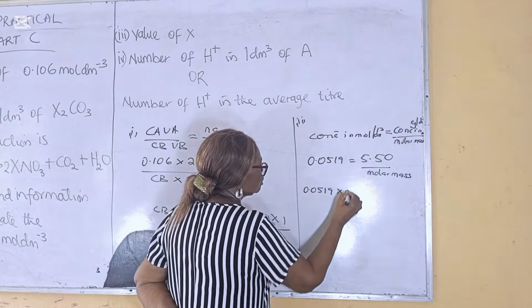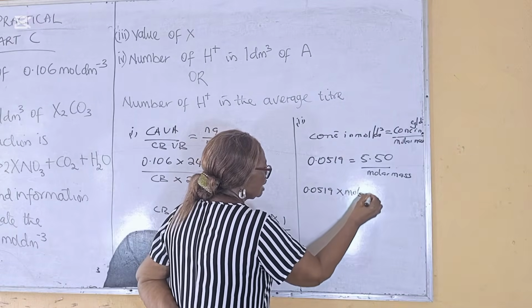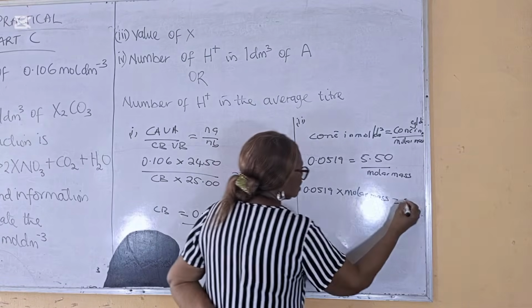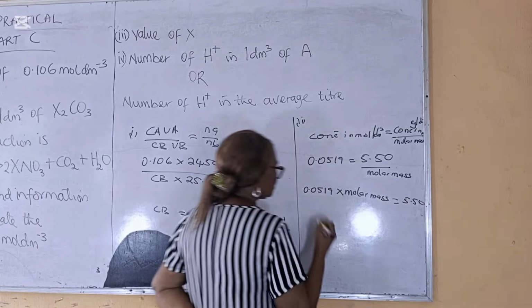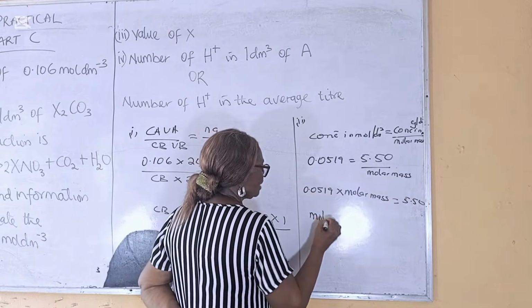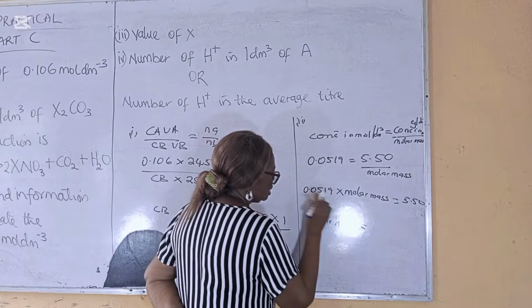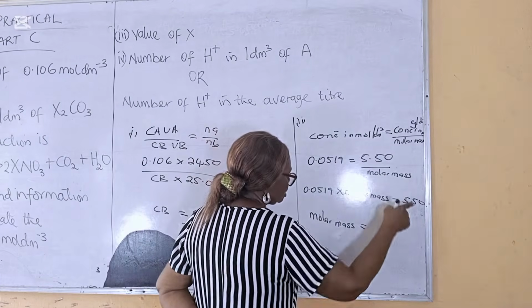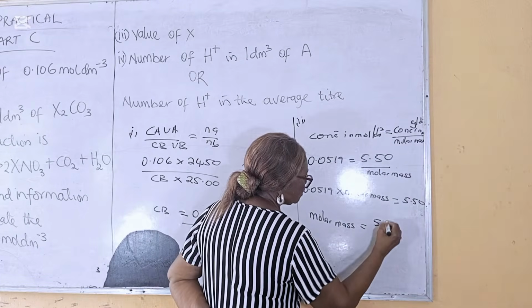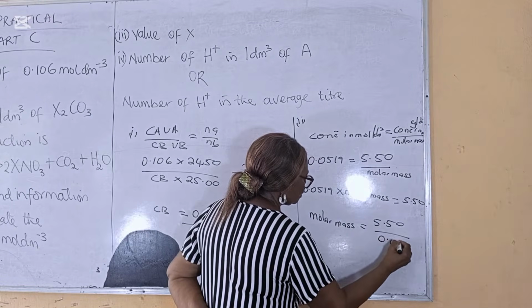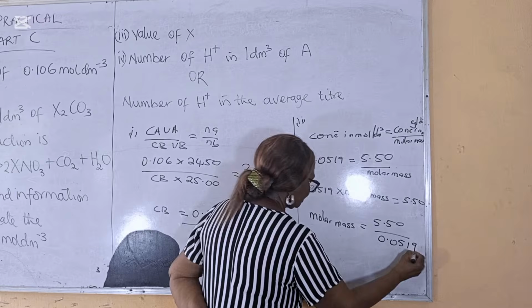0.0519 times molar mass equals 5.50. You retain your molar mass and cross over the concentration, which is going to divide on the other side: 0.0519.